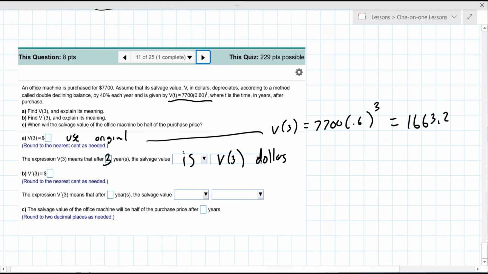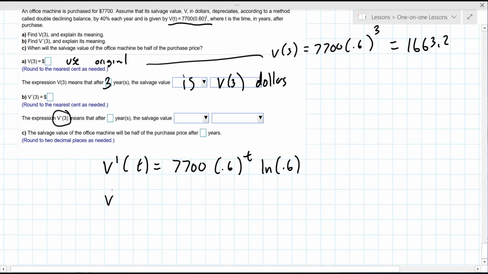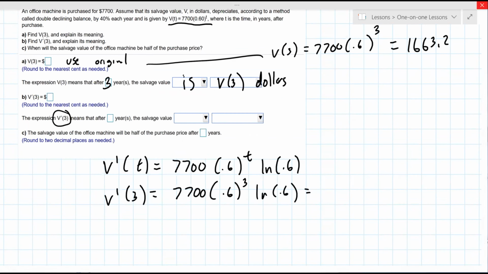Now V prime of 3 means you have to take the derivative. So V prime is 7,700 times 0.6 to the t times natural log of 0.6. You don't need to know anything except that 7,700 is that number, 0.6 is the number inside there, and it's always natural log of whatever that number is. It's just putting the numbers in the same place. 0.6 to the power of 3, natural log of 0.6.